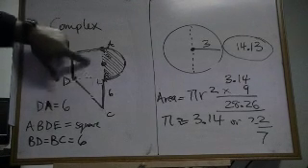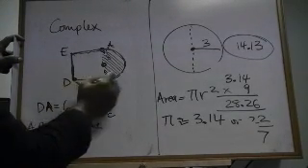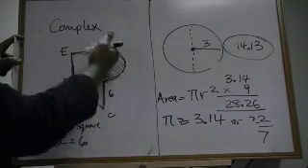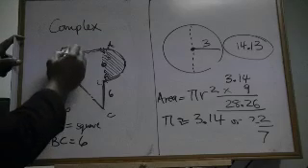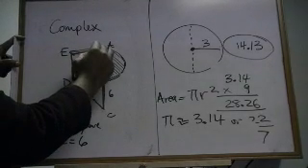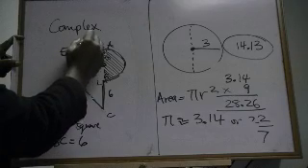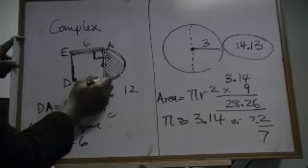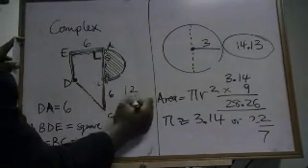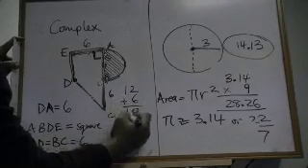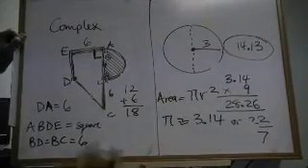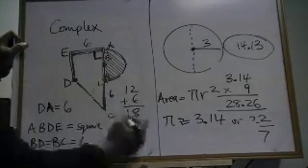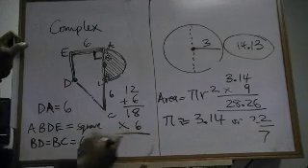Now, once I've done that, I have choices. This is our complex figure here, the square and the triangle, but they're really not complex figures because it's a trapezoid. So all I need to do is use the trapezoid rule. And I know it's a trapezoid because the square has 90-degree angles, so I know the height is 6. I know base 1 would be 12, 6 plus 6. And I know base 2 would be 6. So I add base 1 and base 2. As the formula says, base 1 plus base 2 is 18. Multiply that by the height and divide by 2.